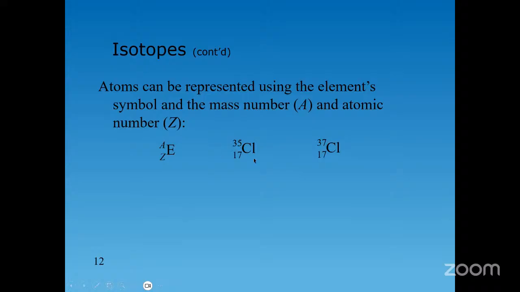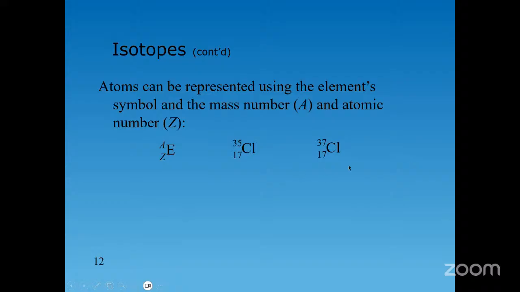Now, that's one chlorine isotope, but there's another chlorine isotope, which is this one right here. You see the difference between these two chlorine isotopes is the mass number, which means that they have different numbers of neutrons. The number of neutrons in the case of chlorine-35 is 18, whereas in this case, the number of neutrons would be 20.